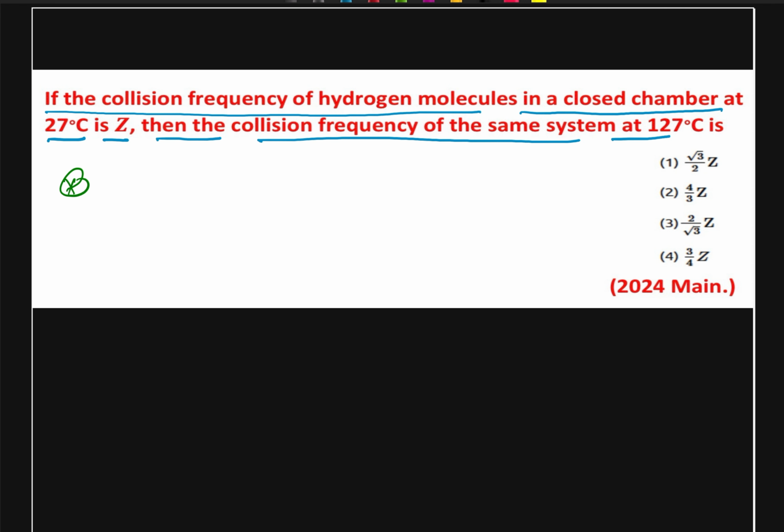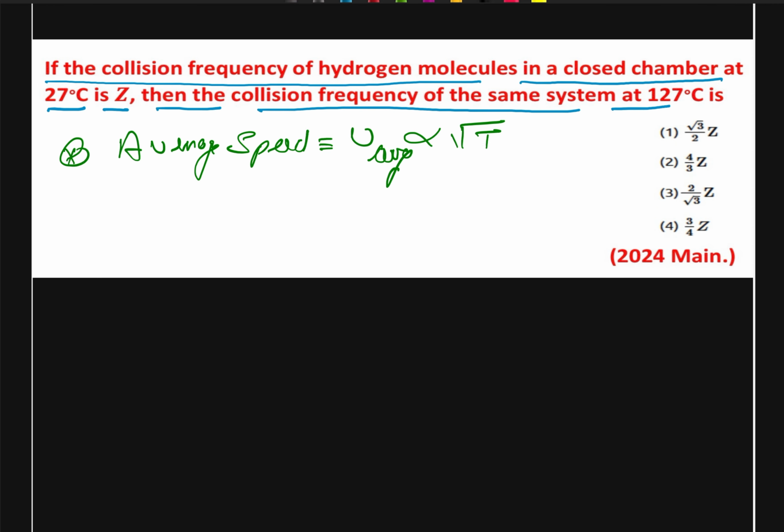So we can say our average speed V average is proportional to the square root of temperature, where T is the absolute temperature in Kelvin.